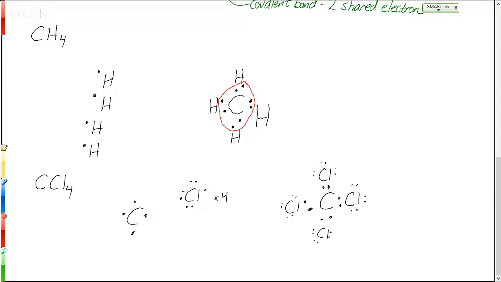And now, if we count that all up, carbon has 8, and each chlorine has 8 because of that sharing.